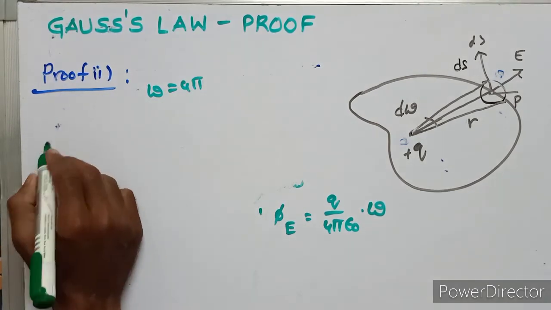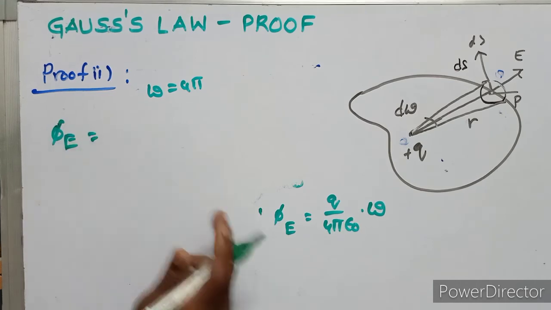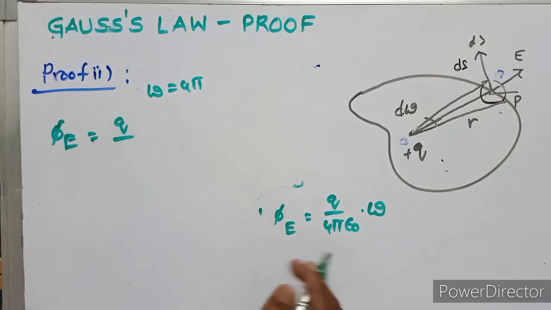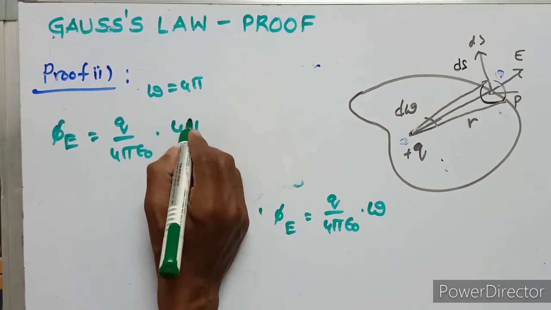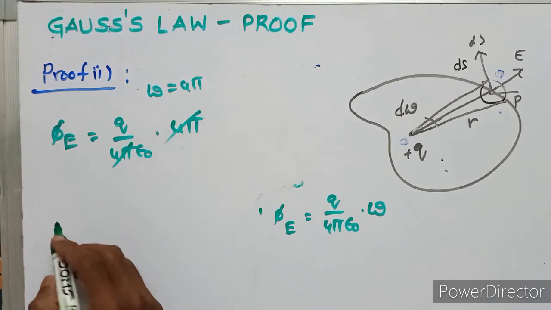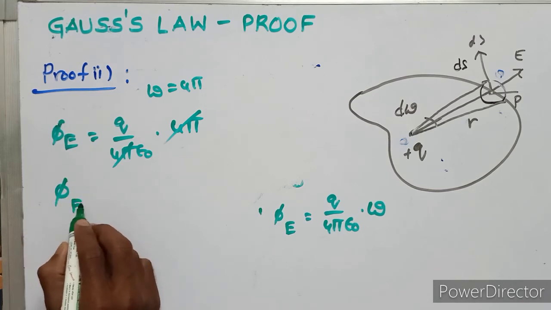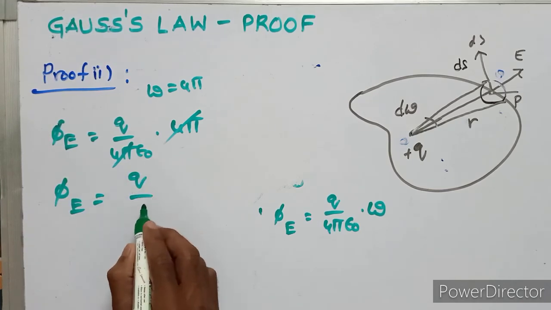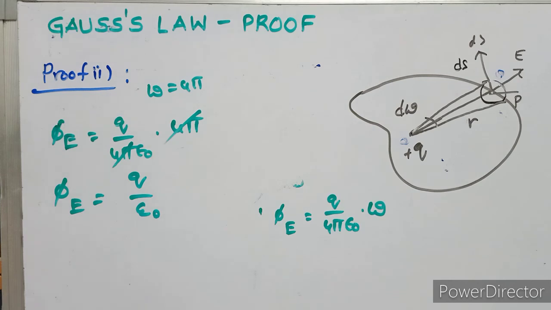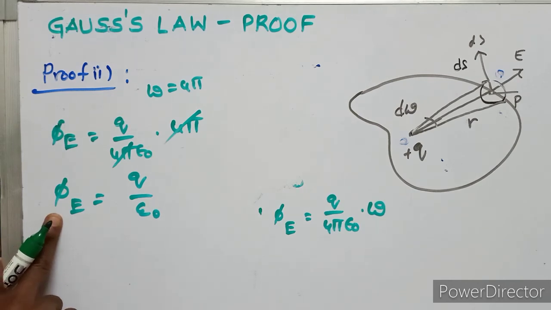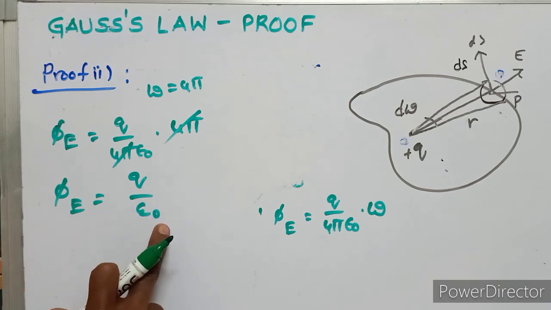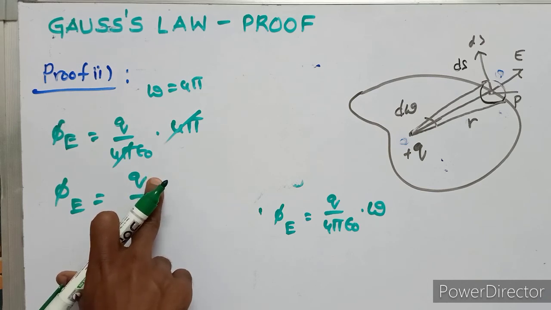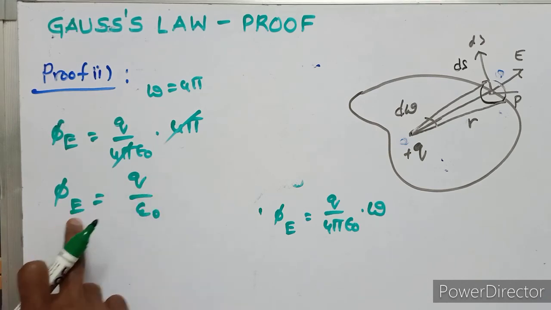So phi suffix e is equal to q upon 4 pi epsilon naught times 4 pi. The 4 pi cancels. Phi suffix e is equal to q upon epsilon naught. So the total electric flux is equal to 1 upon epsilon naught times the net charge. So this is also Gauss's law.